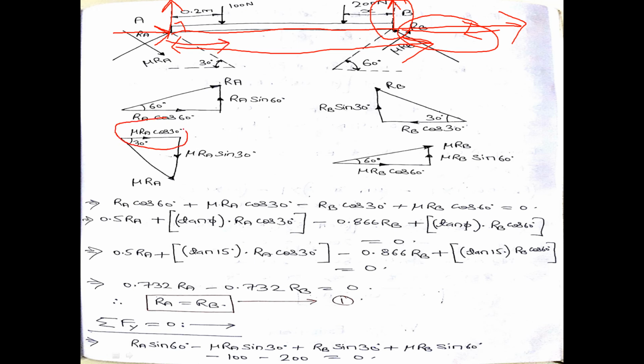Again, I won't take this into account while calculating the moment. The second component is mu RA sin 30. I have to take this component into account, because I am getting a perpendicular distance like this. Fine. So in this way, we will write down the moment equation of equilibrium.